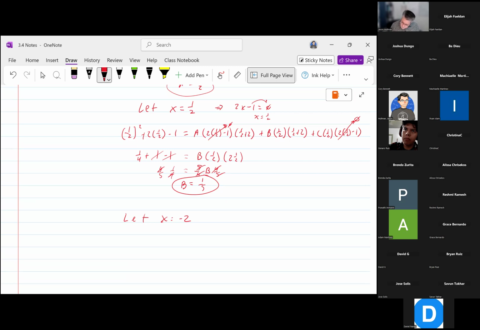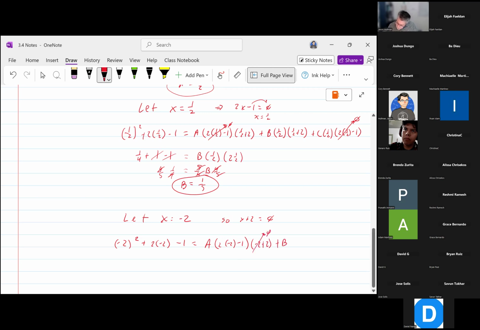Okay, and so x plus 2 is equal to 0. Okay, so again, let's plug in -2 this time. -2 squared plus 2 times -2 minus 1 is equal to a times 2 times -2 minus 1, times -2 plus 2, that's going to go to 0.